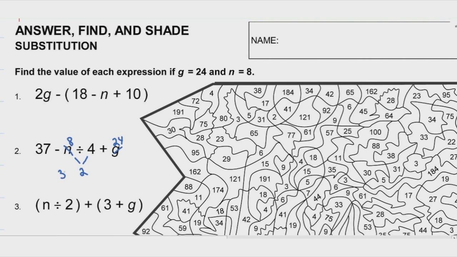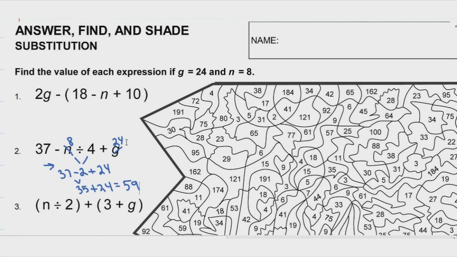We have 37 minus 2 plus 24. And again, addition and subtraction, the same family, so we need to work from left to right. And 37 minus 2 is 35. Plus 24 equals 59.